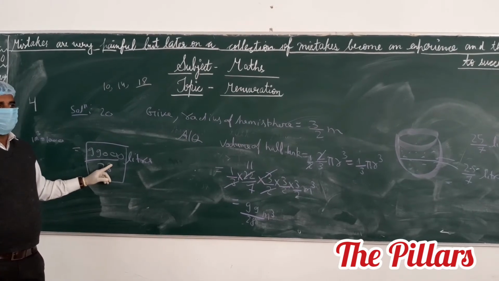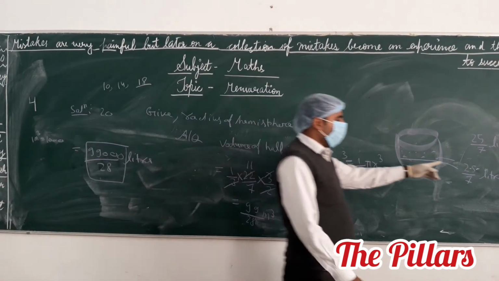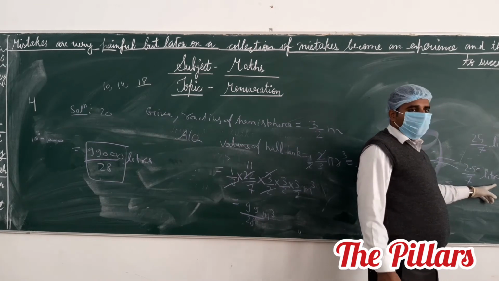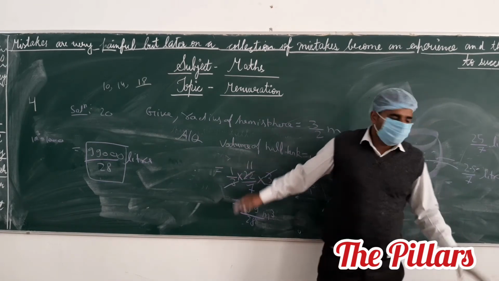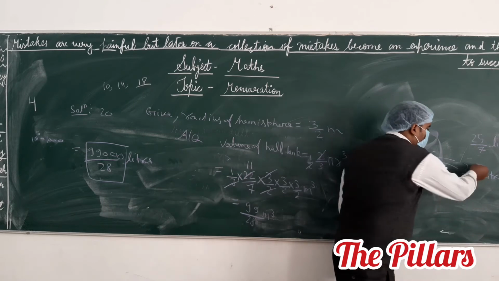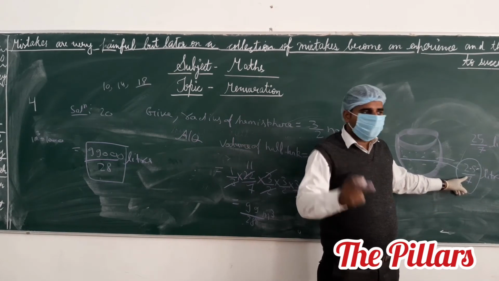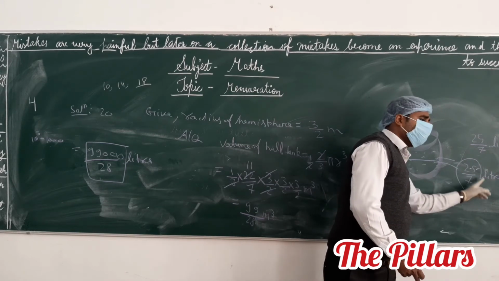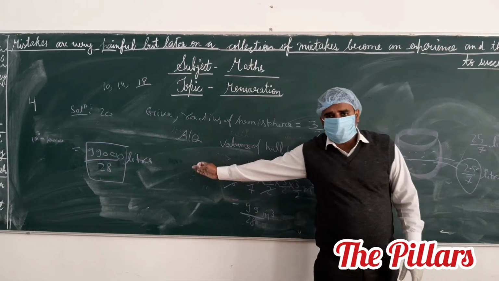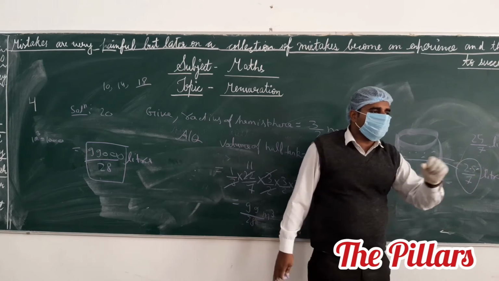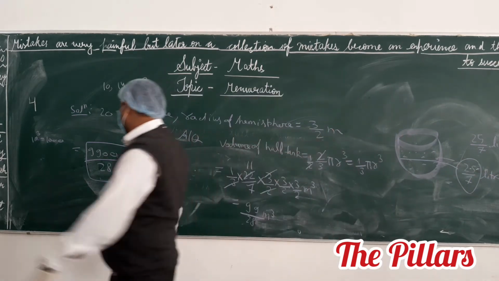In the half hemisphere, the rate is given as 25 by 7 liter per second. By this rate, in 1 second this much volume comes out. If you divide the total volume by this volume, you find the number of seconds.